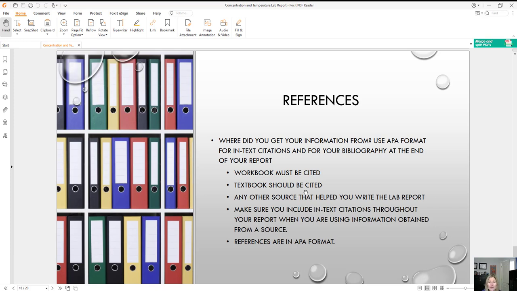So for example, if you looked up the optimal temperature for the potato enzyme, I don't think that's in the textbook or the workbook. So where did you get that information from? Make sure you include your in-text citations where appropriate. So anytime you're using information from a source, you should have an in-text citation at the end of the sentence. Everything needs to be in APA format.